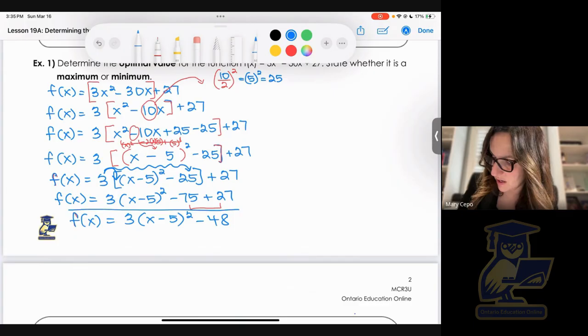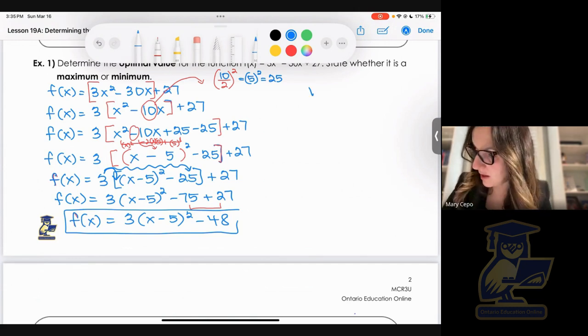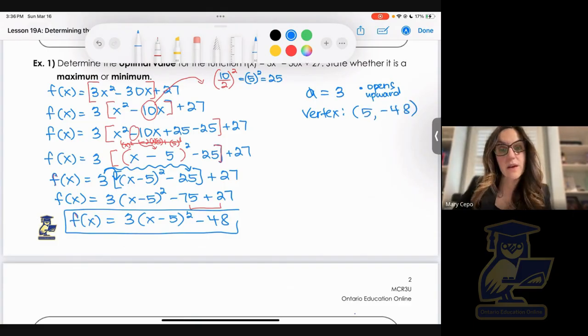So now we've just taken it from standard form to vertex form. And from there, we can identify what the vertex is. We know a is equal to positive 3, so it's opening upward. We know what the vertex is, h and k, which is 5 and negative 48. And again, the minimum is that y value of the vertex.